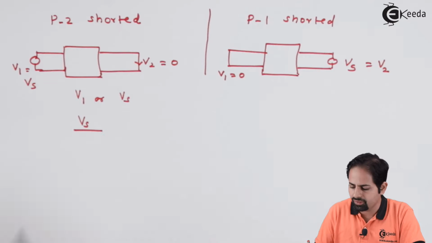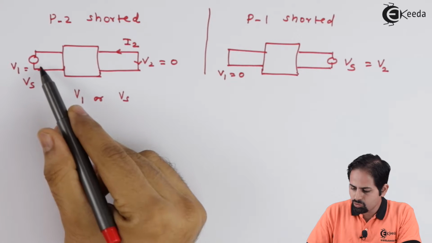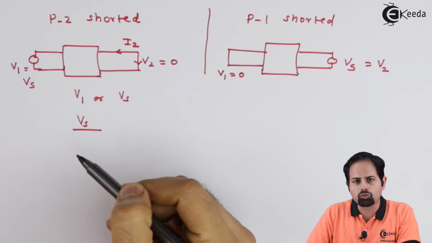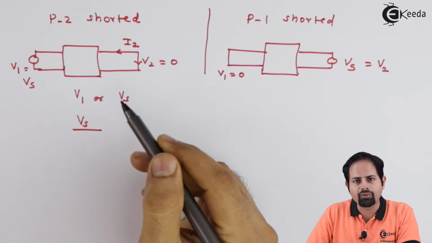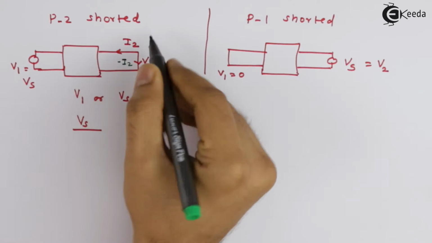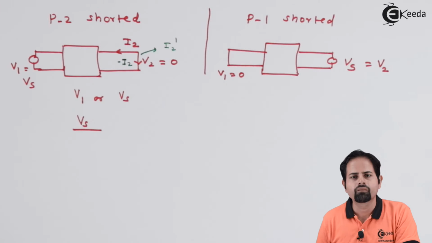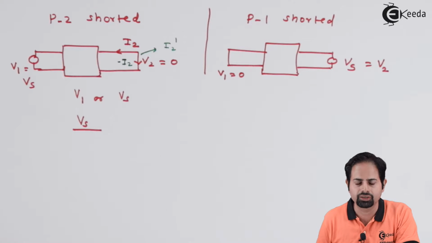Now what is this current? So this is voltage Vs, which is equal to V1 divided by this current, which is minus of I2. I will call this current as I2 dash. So this current is called as I2 dash, which is exactly minus of I2 because it's a opposite direction.